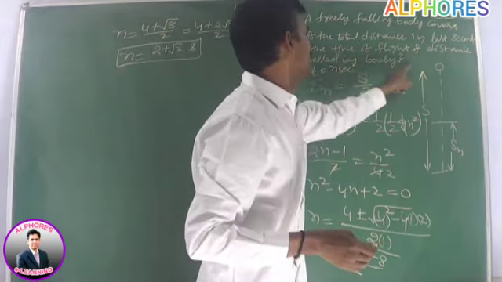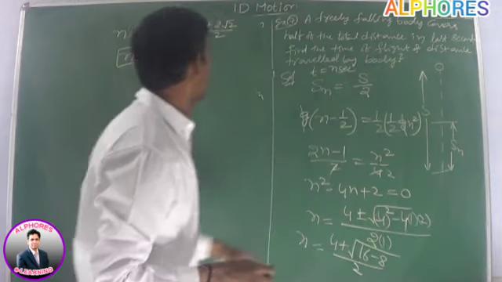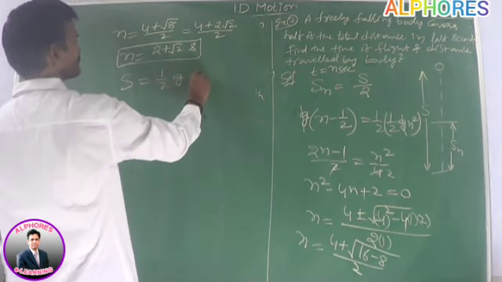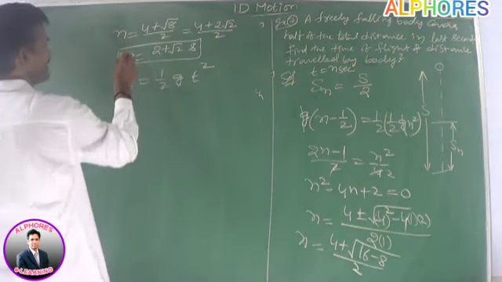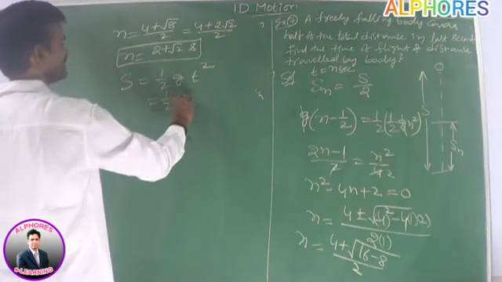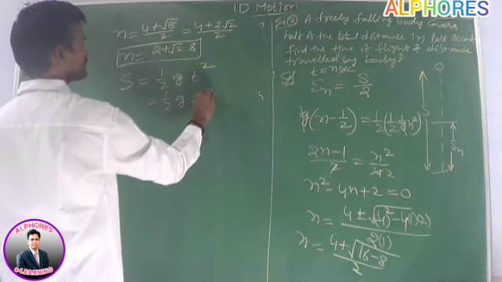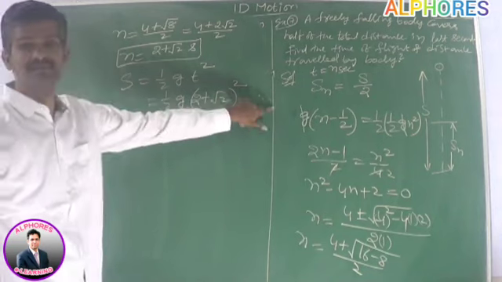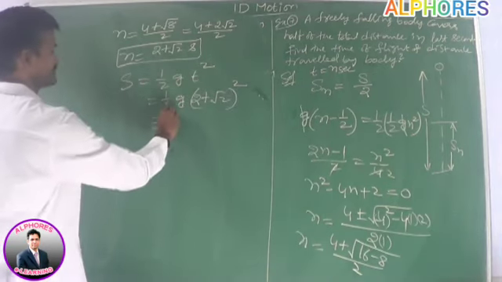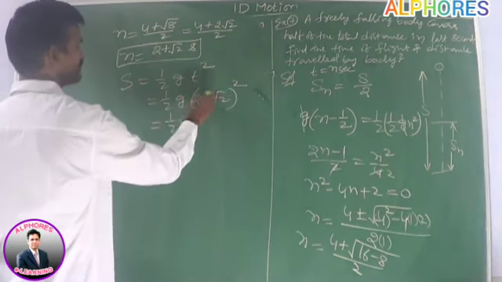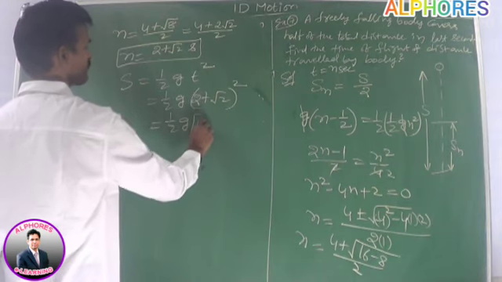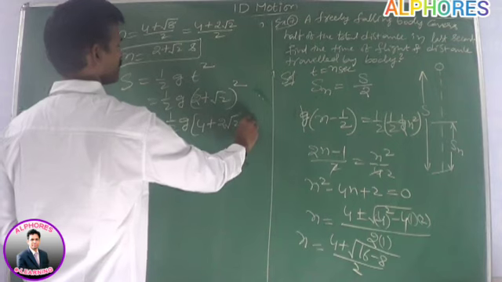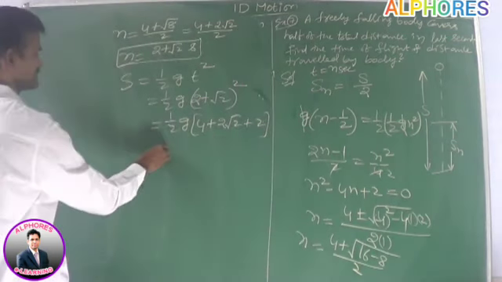The distance travelled by the body, that is s, is equal to half g t square. That t is n, so half g into n, that is (2 plus root 2) whole square. This gives the distance travelled by the body. That is half g, on squaring 4 plus 2 root 2 plus 4 plus 2, 6.